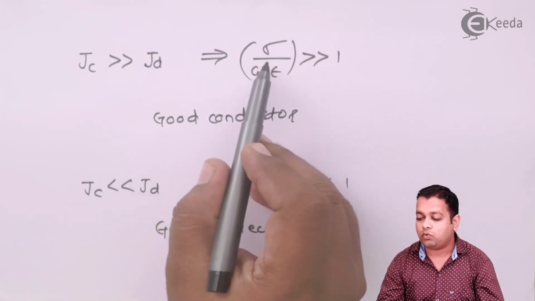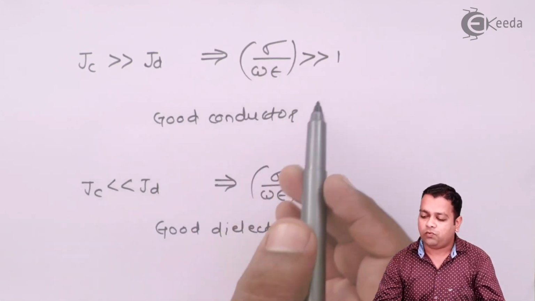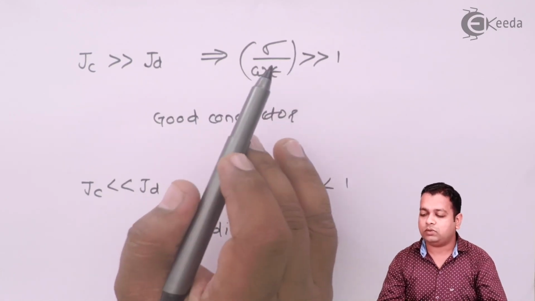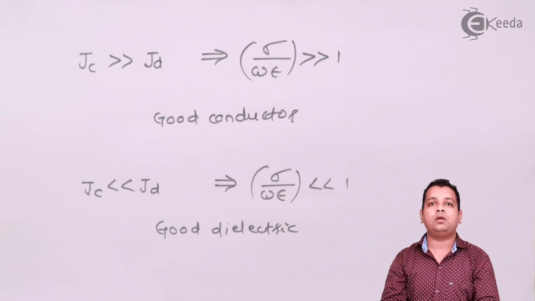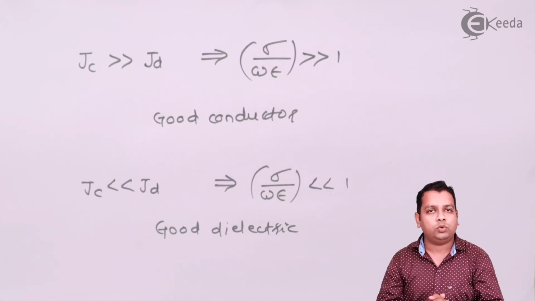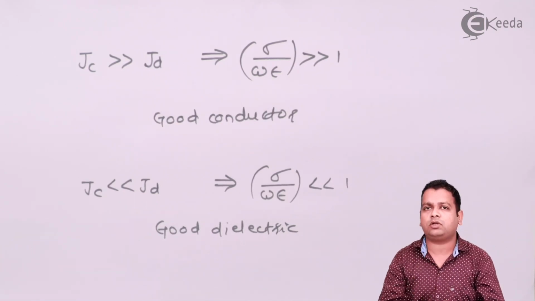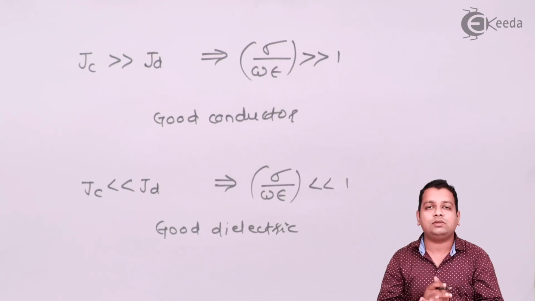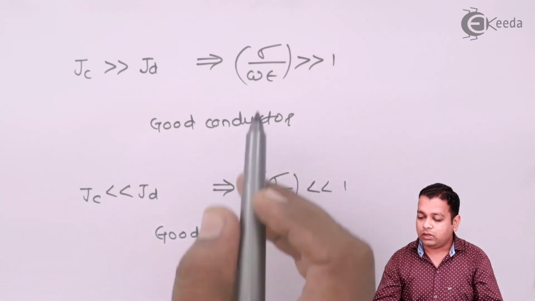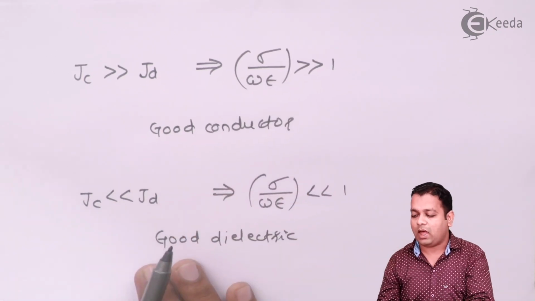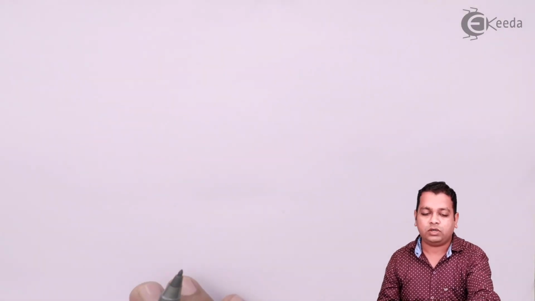If this value is equal to infinity, we say it is a perfect conductor. But if you take materials into consideration, no material is a perfect conductor and no material is a perfect dielectric. Practically, materials have finite conductivity. So this ratio, sigma upon omega epsilon, helps us to determine the nature of the material.